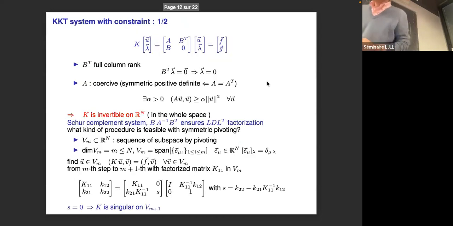Next slide. So usually we have to think about the KKT system that should be solved, that satisfies two conditions. One is coercivity for block A. The next one is the inf-sup condition.